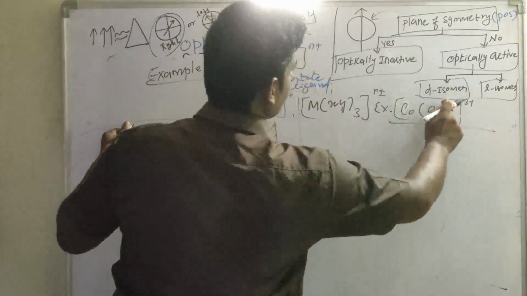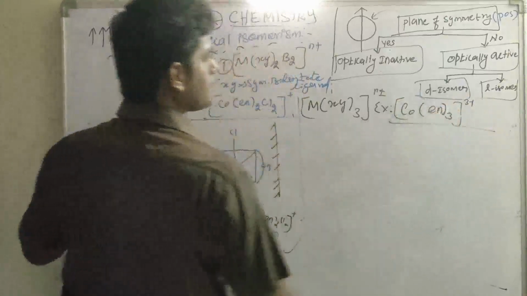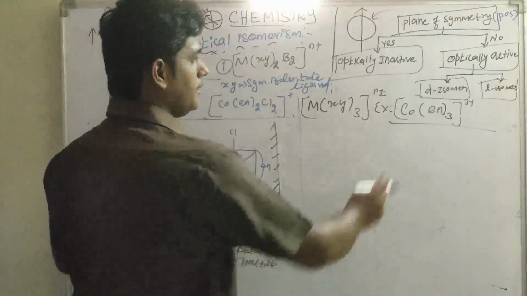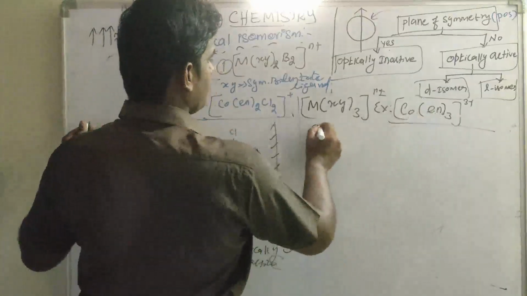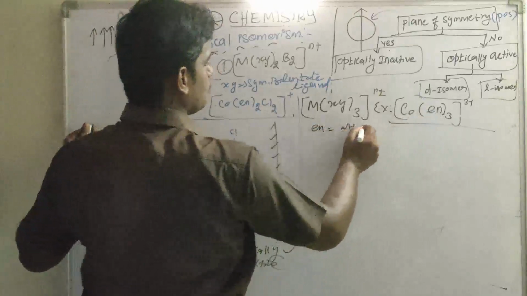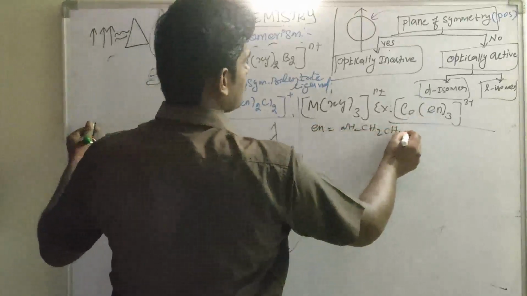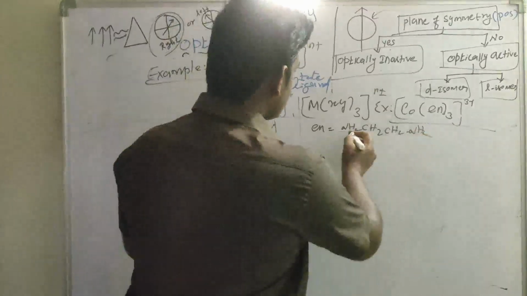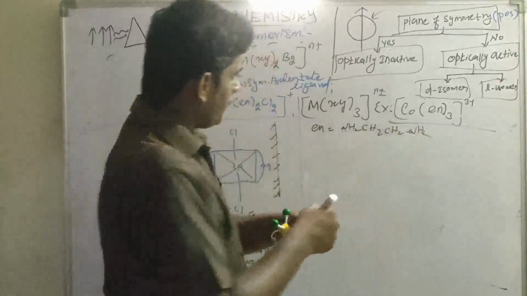This compound has a symmetrical bidentate ligand like ethylene diamine, NH2 CH2 CH2 NH2. It is a symmetrical bidentate ligand.